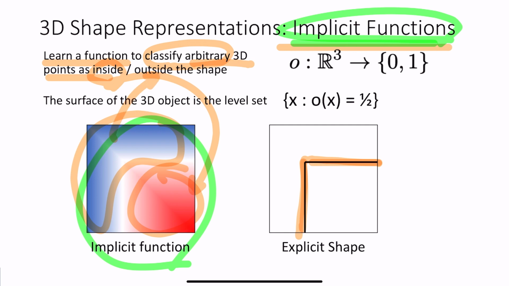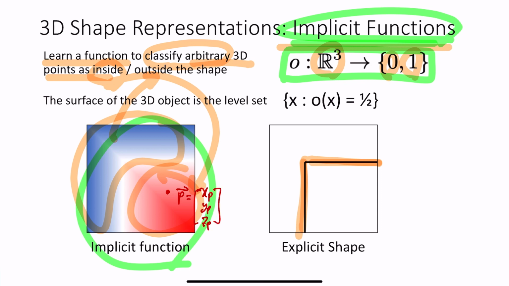Then we represent this inside and outside information as a 1D value, a scalar value from 0 to 1, given each point in R3, let's say point P, which means x_p, y_p, z_p.